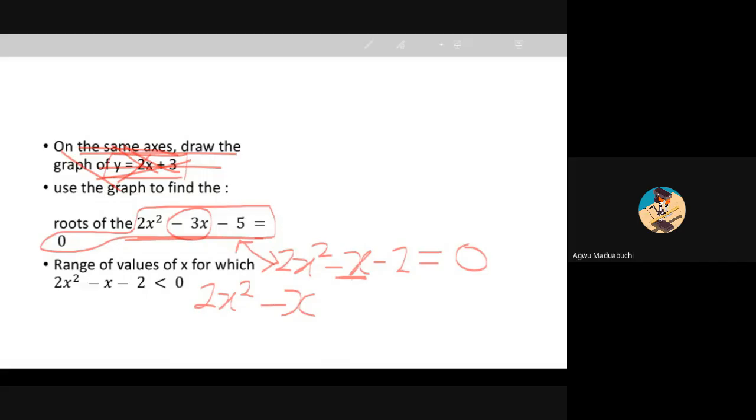What do I need to add? I need to add negative 2x, so that it gives me negative 3x. And also I have negative 2 here. What do I need to add to get to 5?